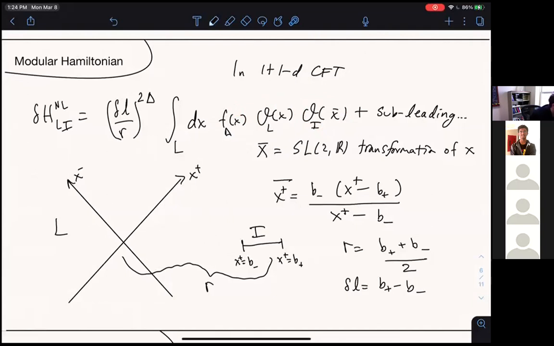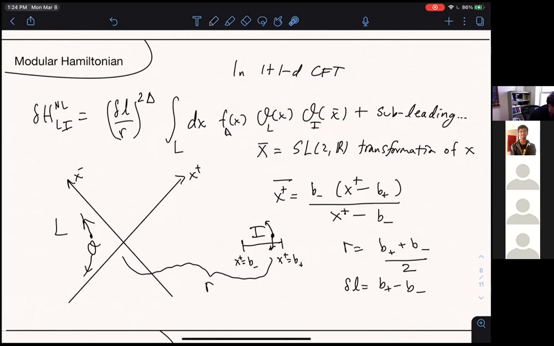So if this is L and this is I, there's an operator here in L and an operator here in I, and you integrate over the position of O here in I, over some trajectory. It actually ends up being a Rindler trajectory. And here there's a corresponding trajectory of this operator, which you're integrating over. These are chiral operators, so you can just think of them as functions of this null coordinate.